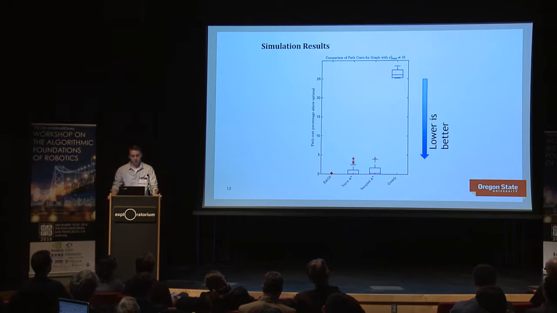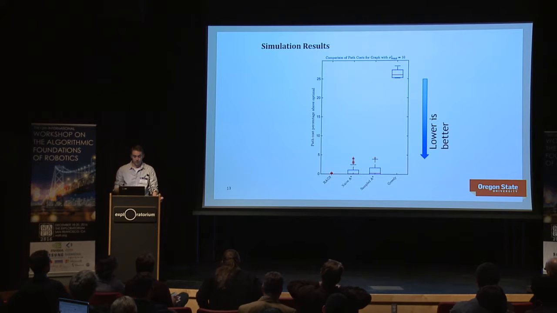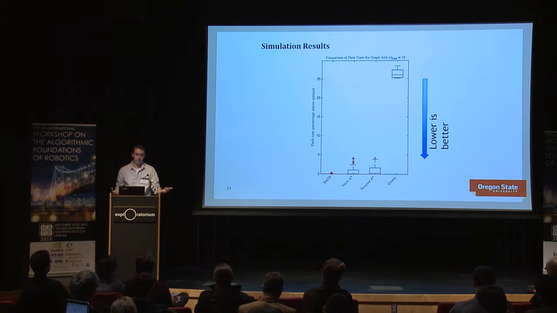So what we're looking at is that A star and sampled A star and even greedy have these outliers and are spread kind of thin over the optimal path. On the y-axis here, this is the percentage above the optimal path for each simulation, for each run.